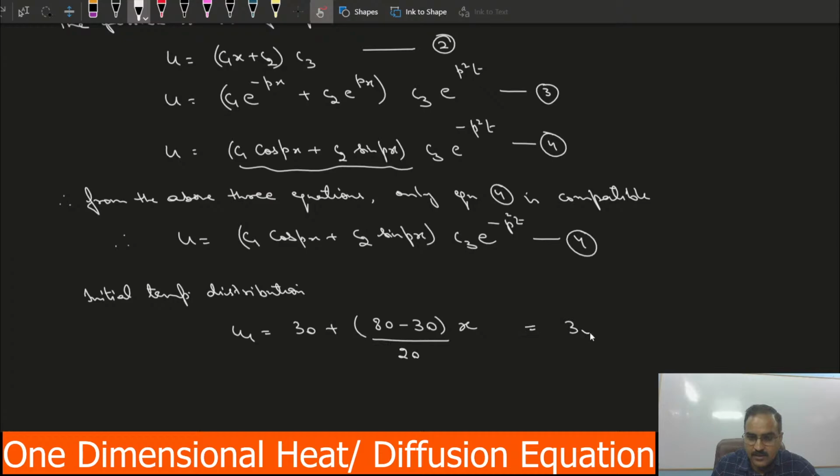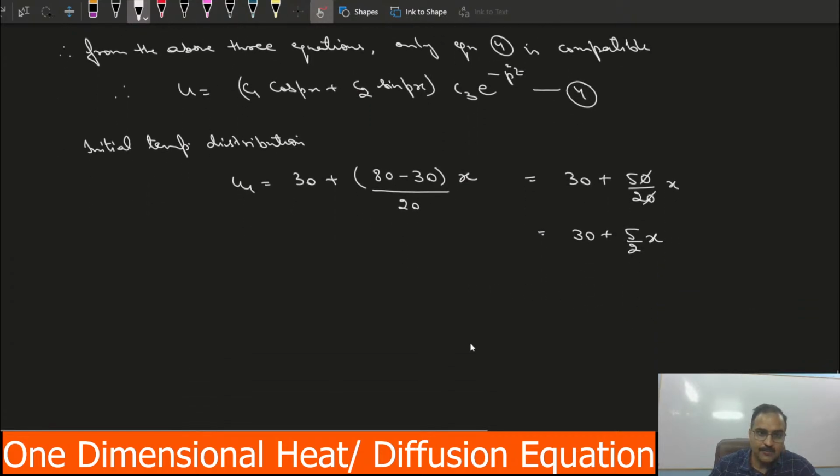So we get 30 plus 50 by 20 x. Simplifying, we get 30 plus 5 by 2 of x. Okay, now this was the initial temperature distribution.